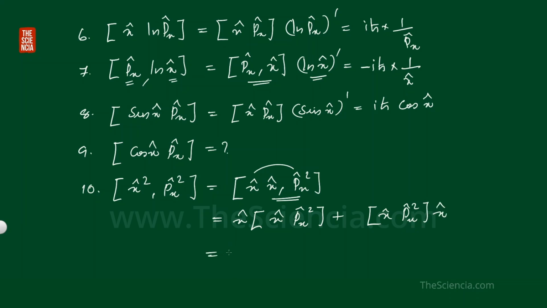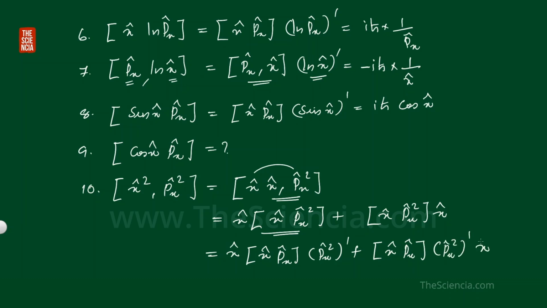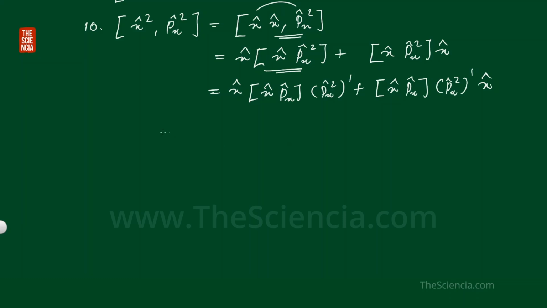So now we can easily solve: x cap into the solution of this commutator bracket, which is commutator bracket x cap, px cap into the derivative of px cap square, plus this is x cap, px cap into the derivative of px cap square, into x cap. That is equal to x cap into i h cross into 2 px cap plus i h cross into 2 px cap into x cap.